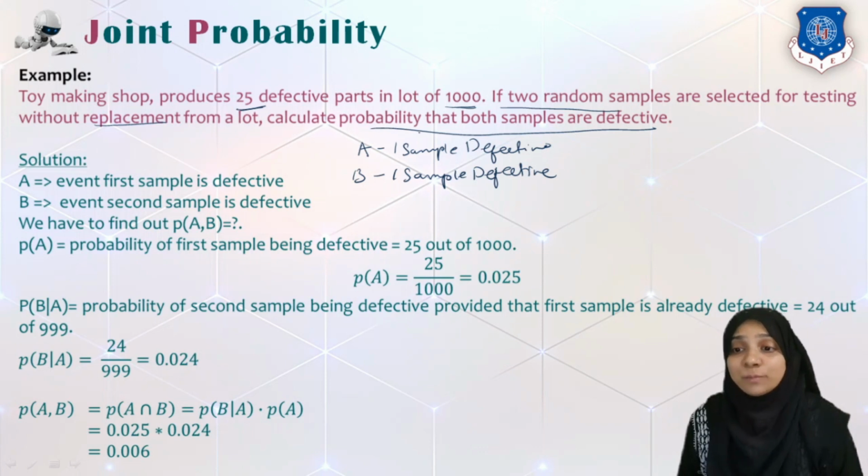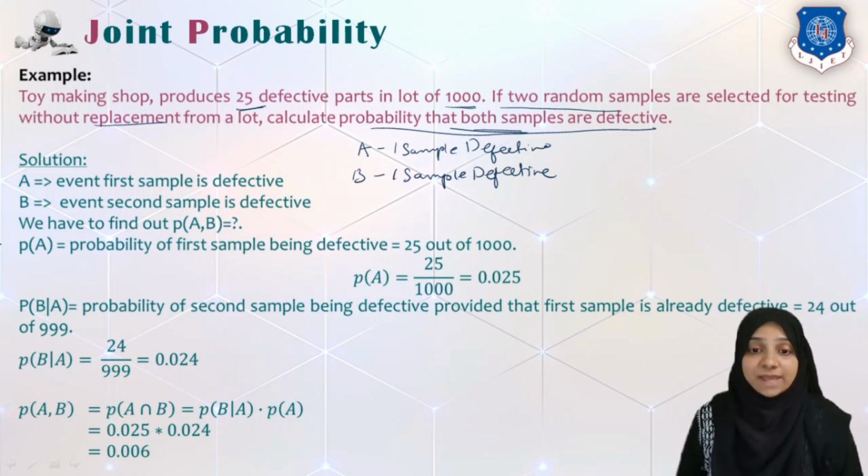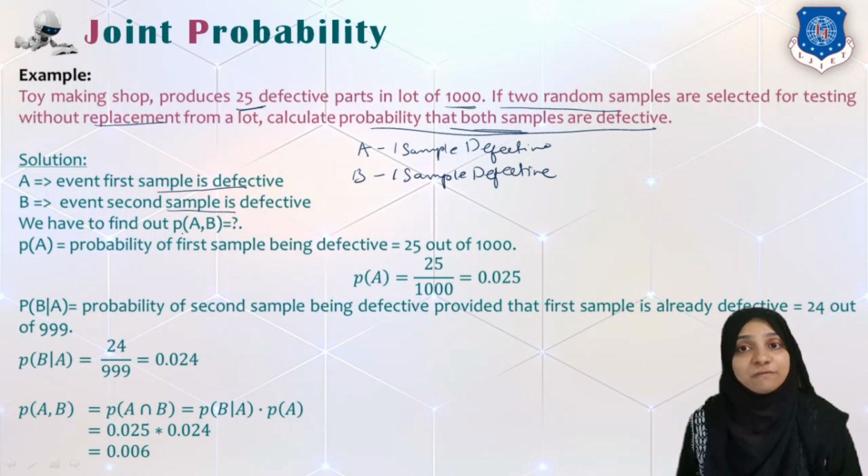We want the probability that both these samples are defective. So we have to calculate the joint probability. So event A is the event that the first sample is defective, and event B is that the second sample is defective. Whether we draw the first sample first or the second sample first doesn't matter. That's why we have to calculate P of A comma B.